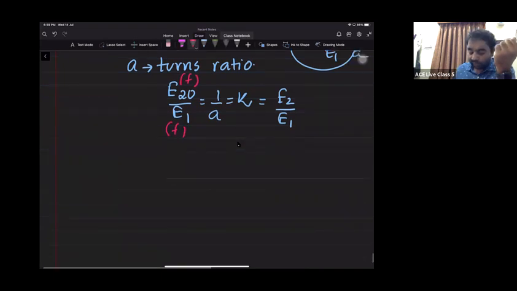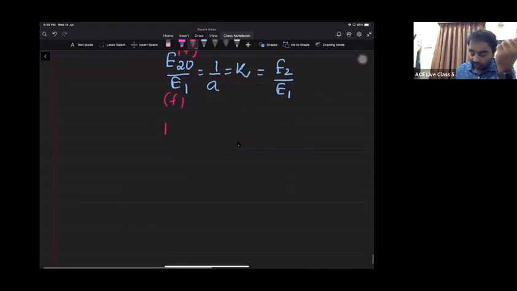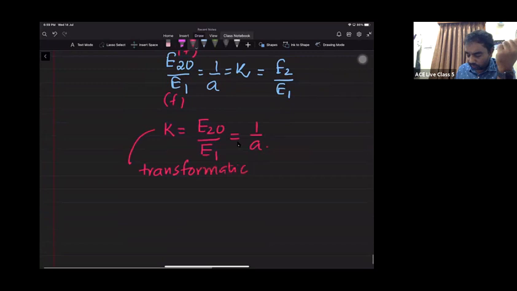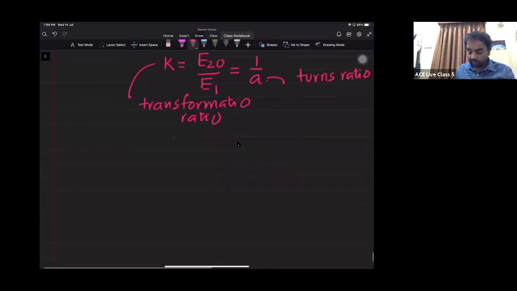That is the reason in this case K is equal to E2 naught by E1, which is equal to 1 by A. Here K is the transformation ratio and A is the turns ratio. So how do we calculate E2 naught?